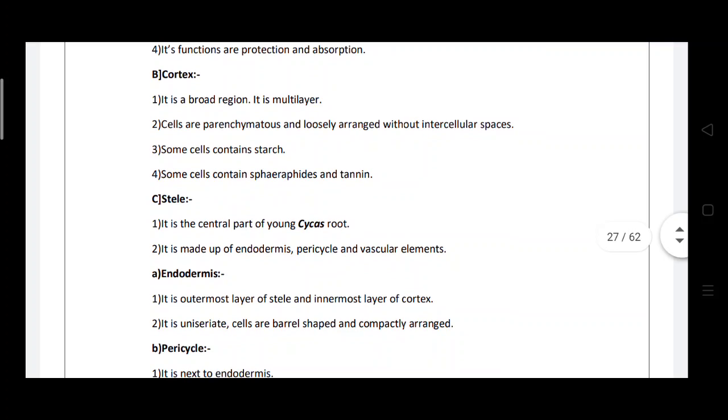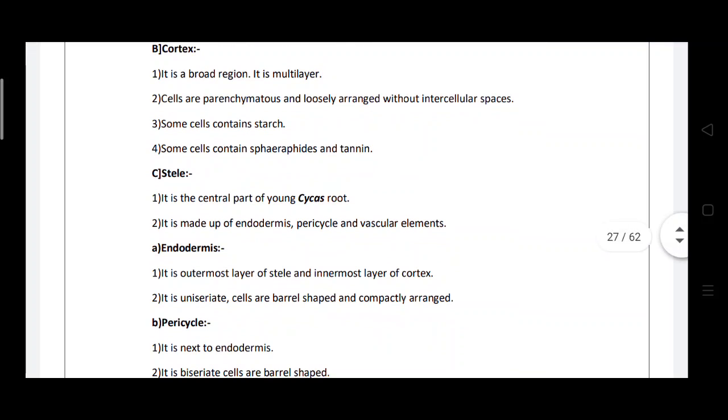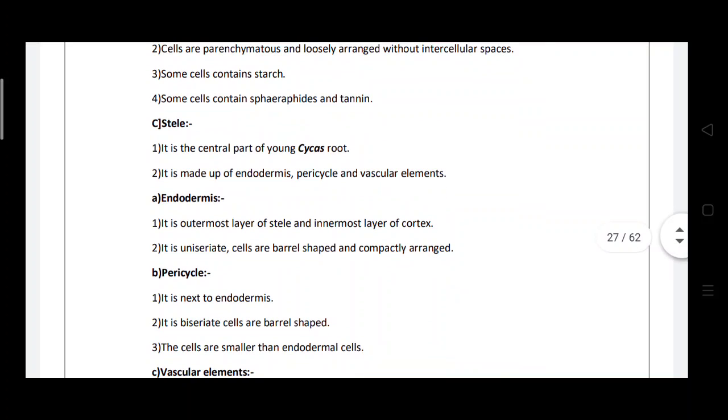Next to the cortex region is the stele region, the central part of the cycas root. The stele is made up of the endodermis, pericycle and vascular elements.